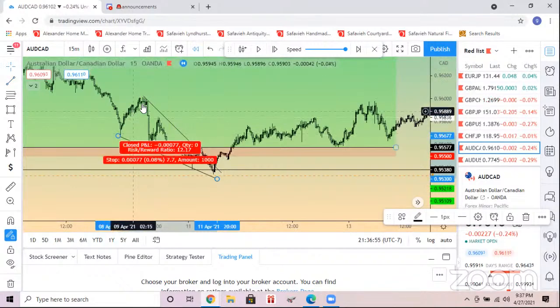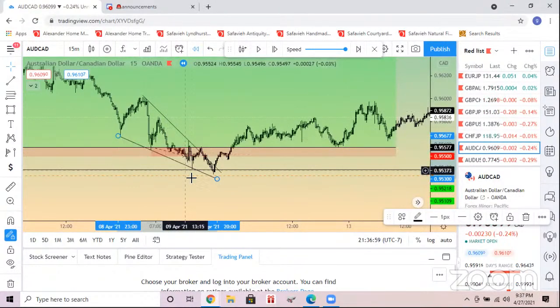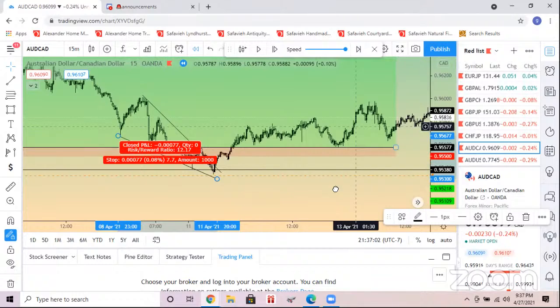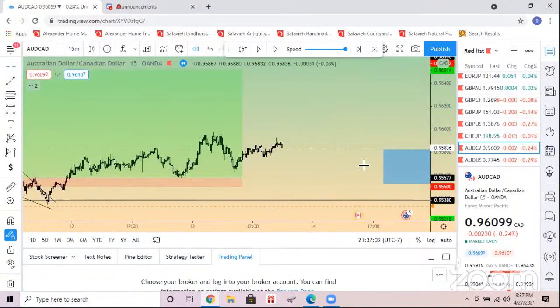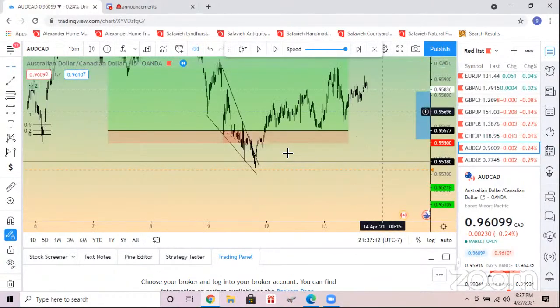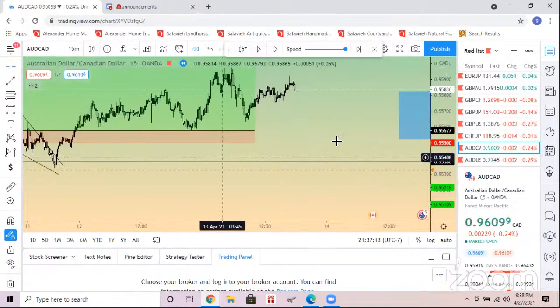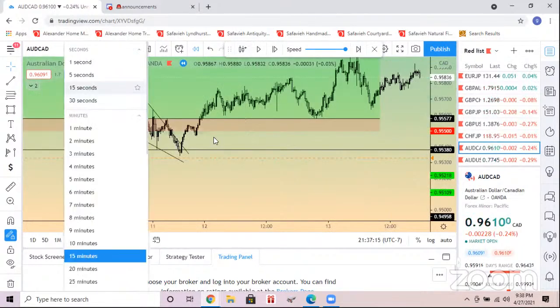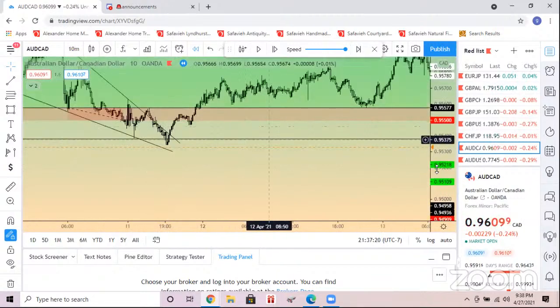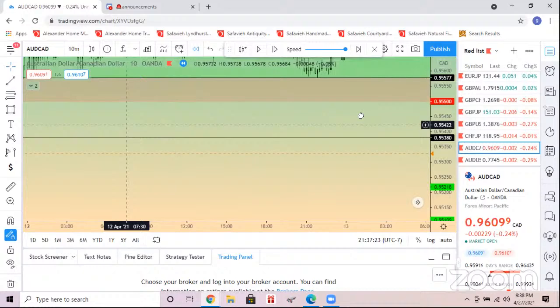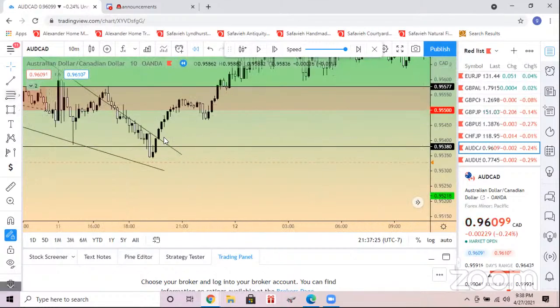So this will be our selling climax and our change of character to our automatic rally, second test, and then spring. And then we did break structure. So yeah, let's see if I can find an entry. This will go fast enough. Okay, cool. So a 10-minute looks very nice.